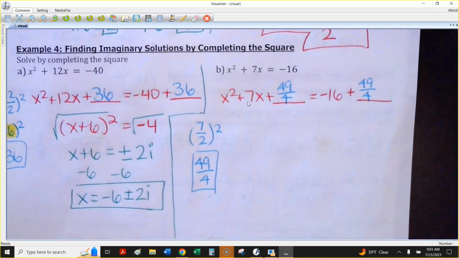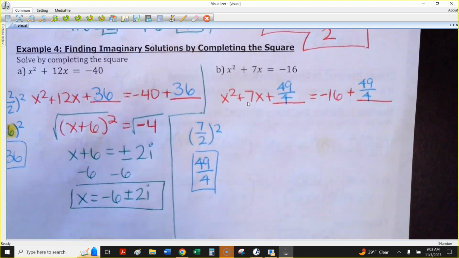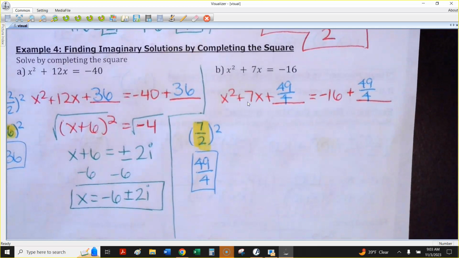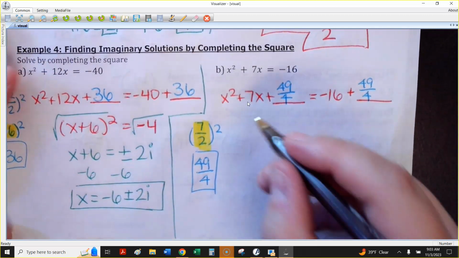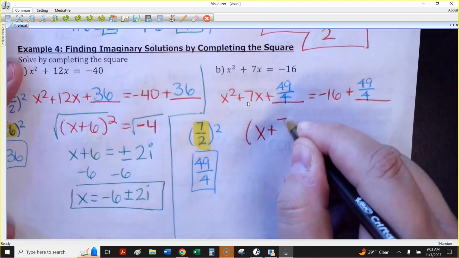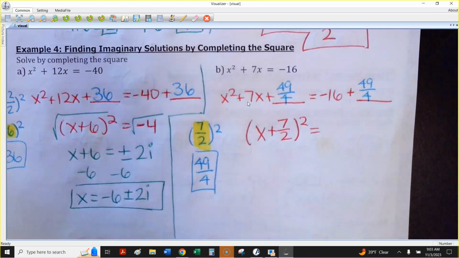On that left side, we're just going to put it in factored form. So I promise, especially if you're working with a fraction, this is good to remember. Whatever you square, we squared 7 over 2, that's going in my factor with the x. This was positive, so it'll be x plus 7 over 2. For the other side, I'm just going to grab my calculator.